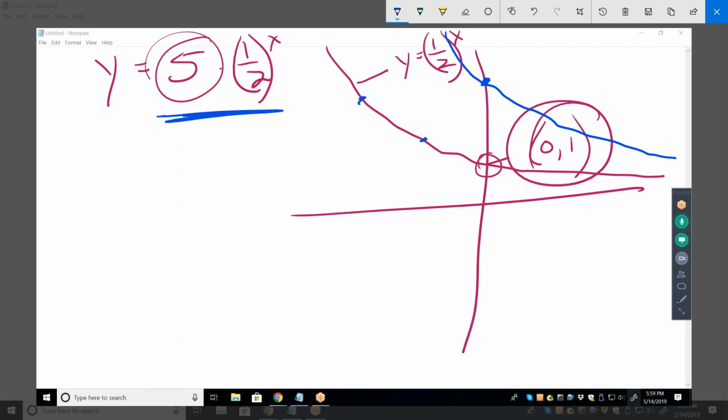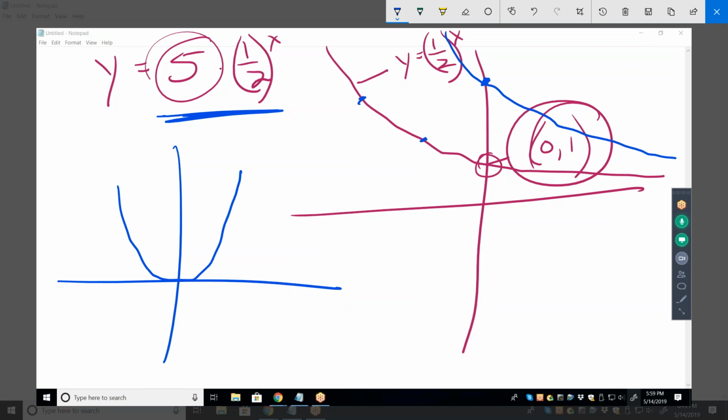In other words, if I have a parabola, y equals x squared, and I vertically stretch it, it becomes like this. Why? Because every point moves some number further away from the x-axis. You get a lot of points, connect them, and you end up with a parabola that's skinnier.